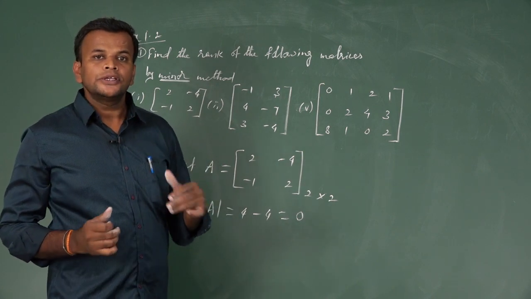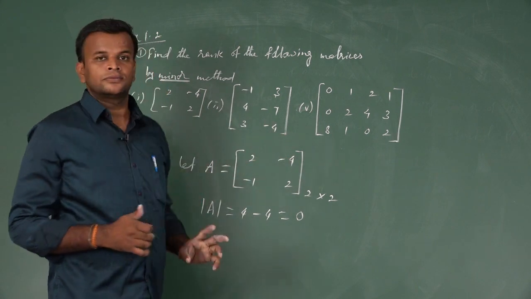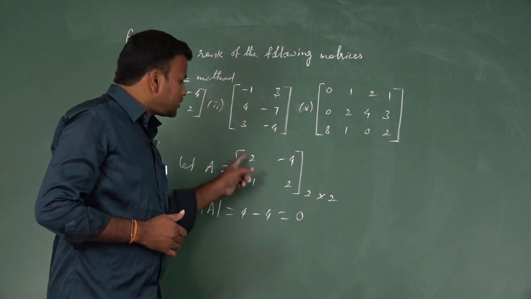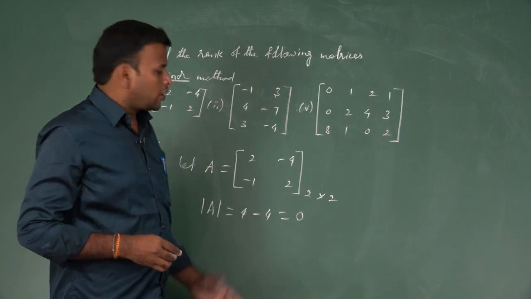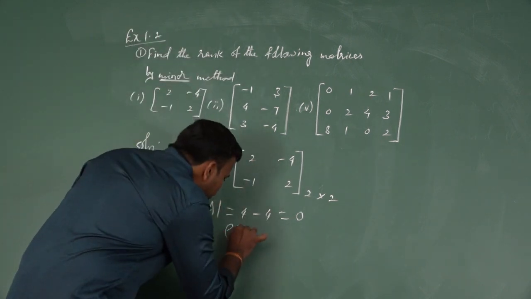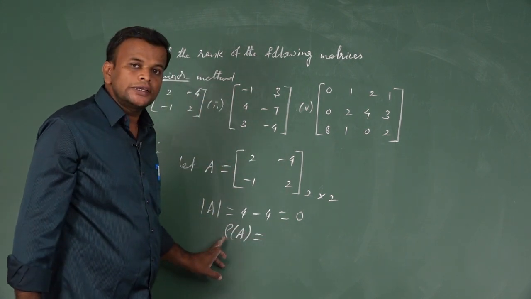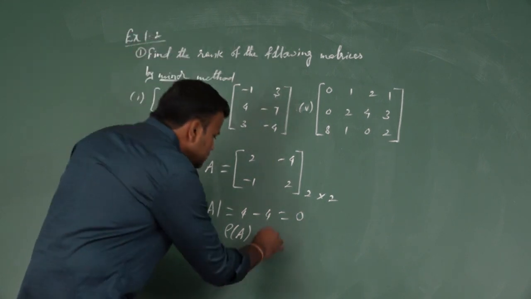The rank cannot be 0 because all the elements are non-zero. The rank becomes 0 only when a matrix contains all elements 0. Now we come to the conclusion: the symbol of rank is read as rho of A, so the rank of A is equal to 1.